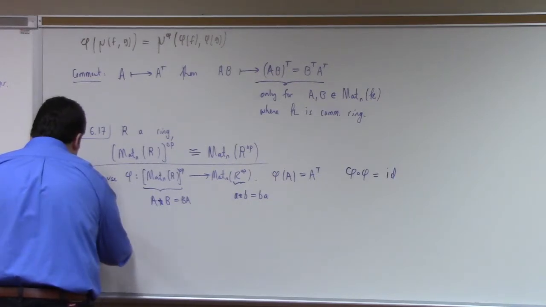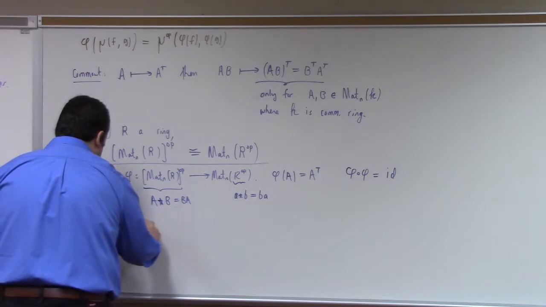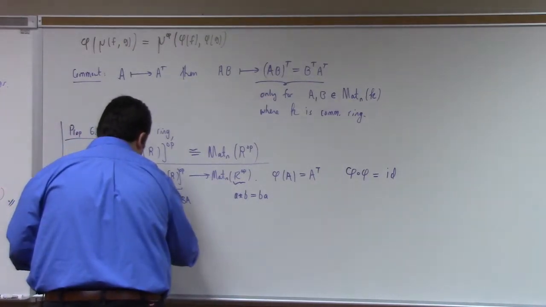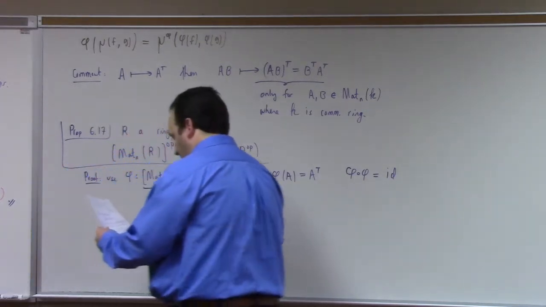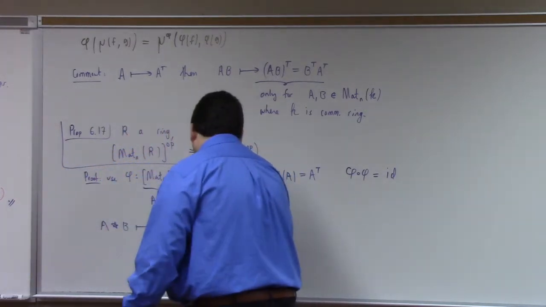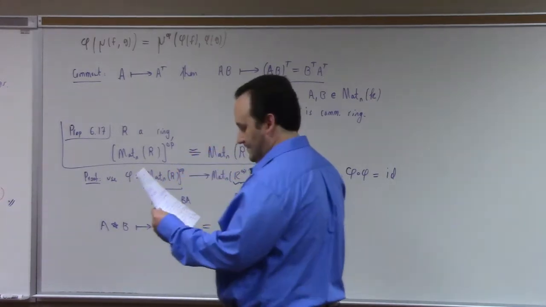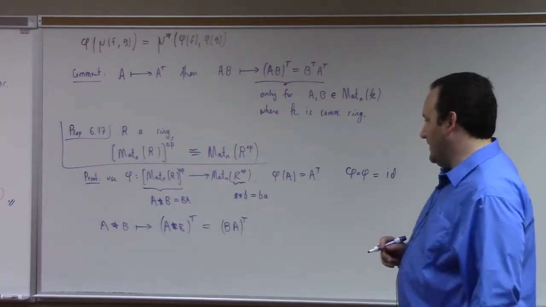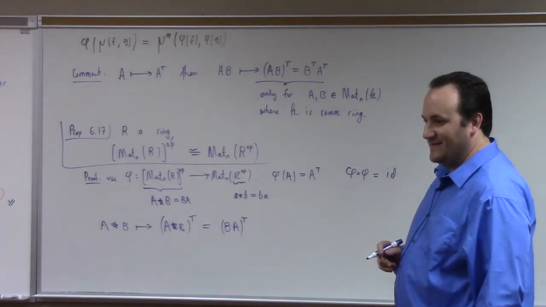A star B maps to what under transposition? It maps to A star, five-pointed star, B transpose, right? But what's that equal to? That's equal to (BA) transpose, right? And when I first did this proof, I then wrote down A transpose, B transpose.